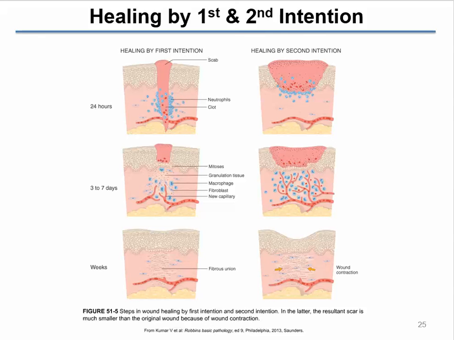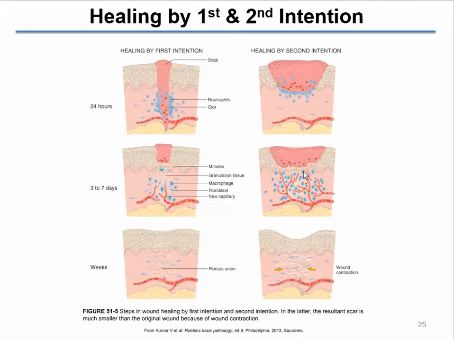There's more inflammation in this kind of thing, and there is tissue called granulation tissue. Now, there's granulation tissue in first intention, but it tends to be a small amount, replacing the blood clot. In second intention, the amount of granulation tissue is far more.